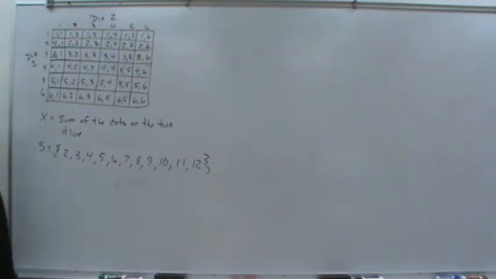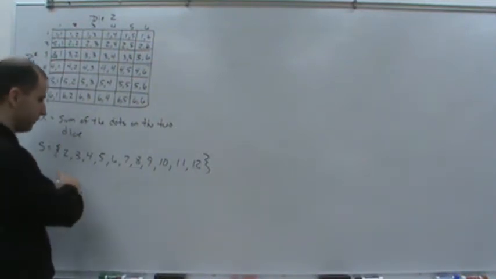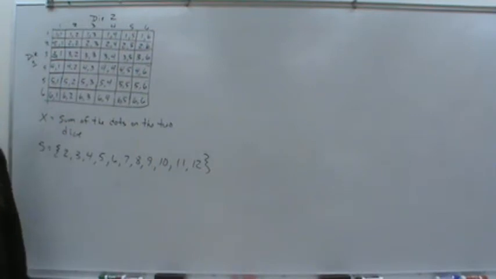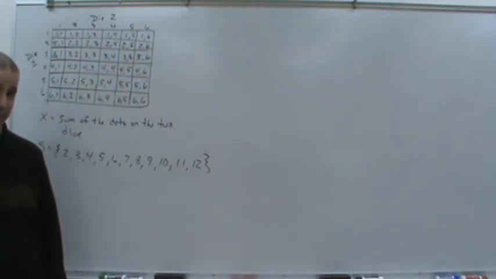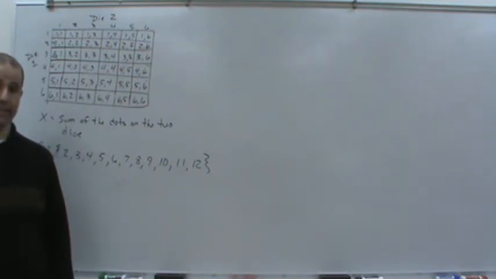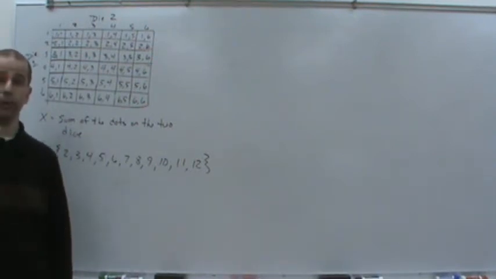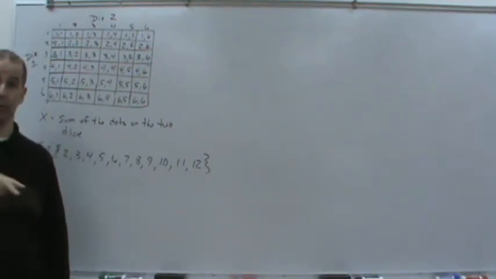So remember, to be equally likely, the probabilities of all these outcomes have to be the same. If one of the probabilities is different, they're not equally likely. Okay? So let's take two and see if they're different or the same. Now, I don't want to go through all of these. All we have to do is find two that are different and we're done.